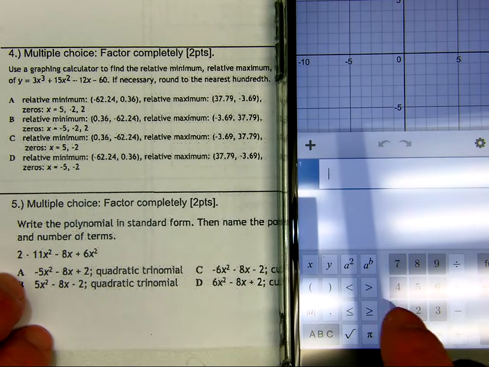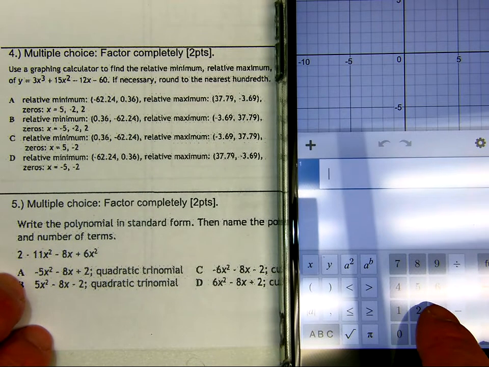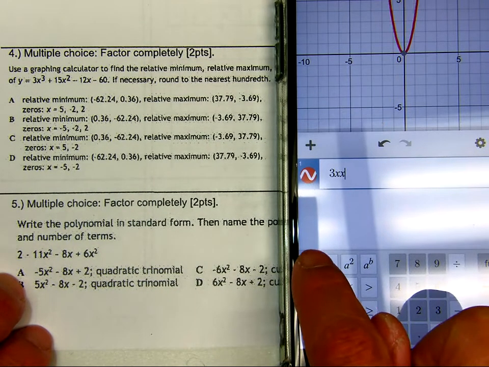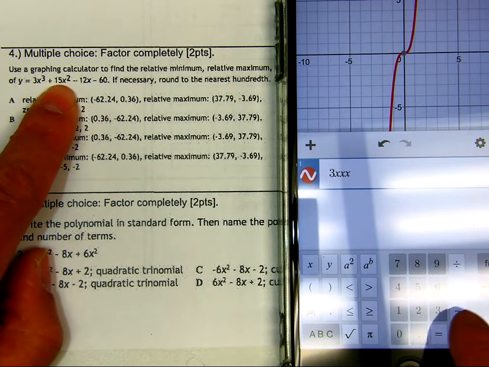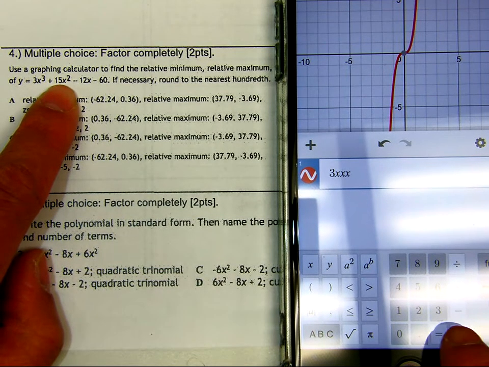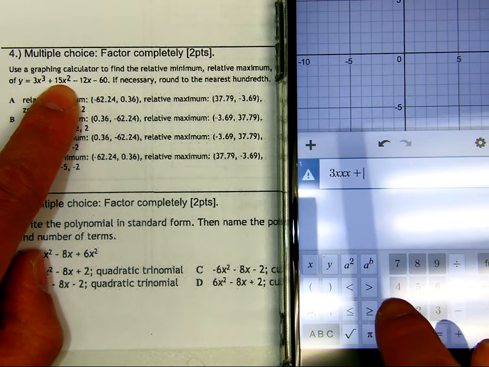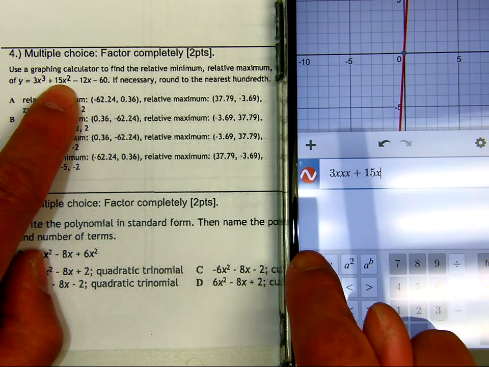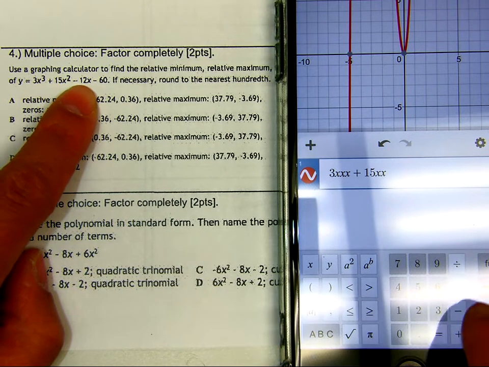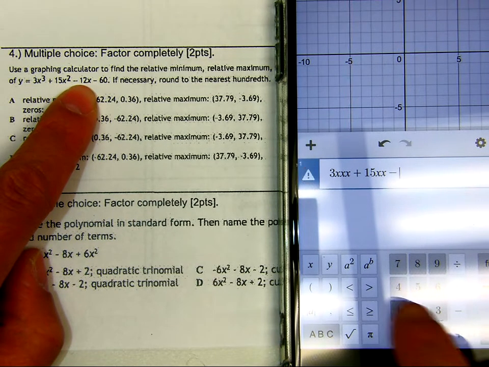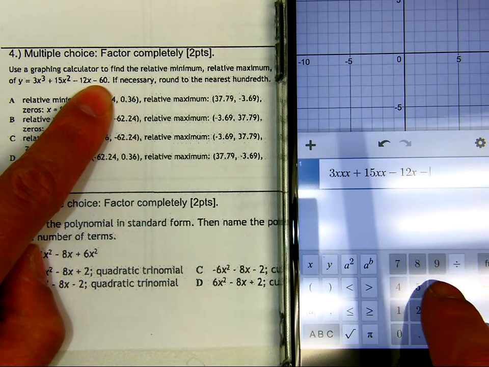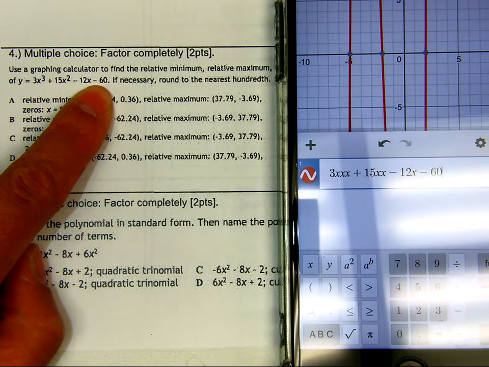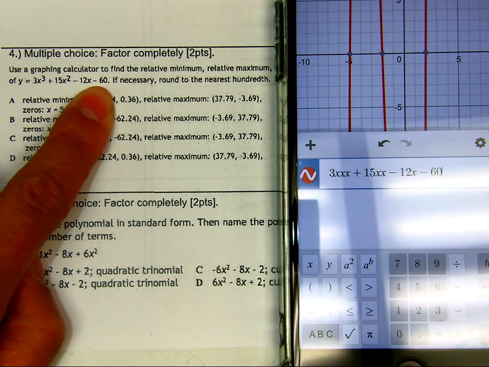And I'm just going to type it in, see if I can use my trick. 3x cubed plus 15x squared minus 12x minus 60. This is what my graph looks like.